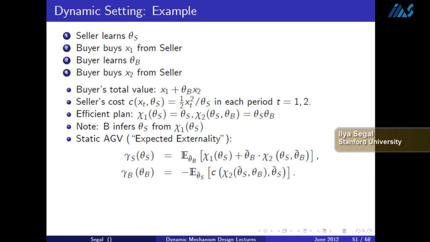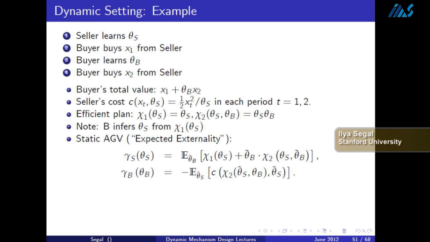So just as a first attempt, let's try to use the static expected externality mechanism and see how well that works. So this is a static expected externality mechanism in this setting. The incentive payment to the seller will be a function of the seller's announcement, which is the expectation of the buyer's value over his possible types.